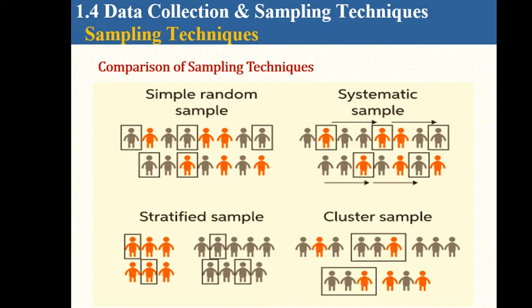Let me tell you what this is. The orange people, let's say, are women. The characteristic is, let's say, gender here, for the stratified sample, and the gray is men, and the boxed ones are the chosen people, these samples here.